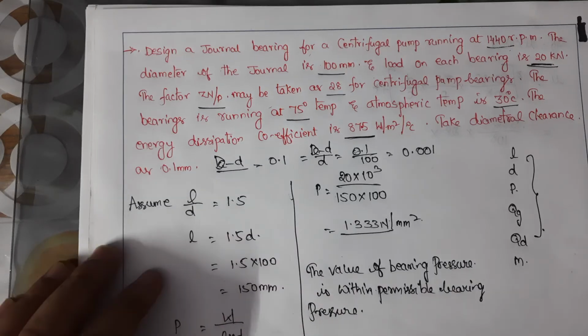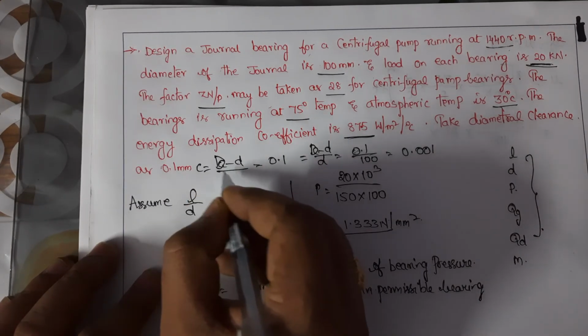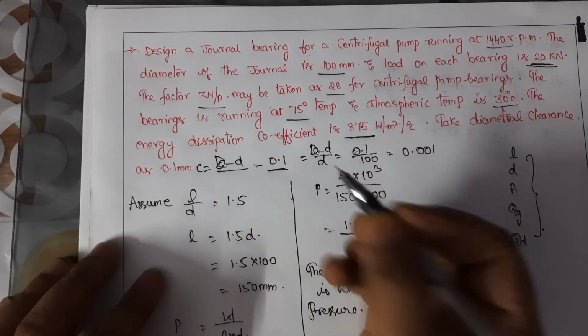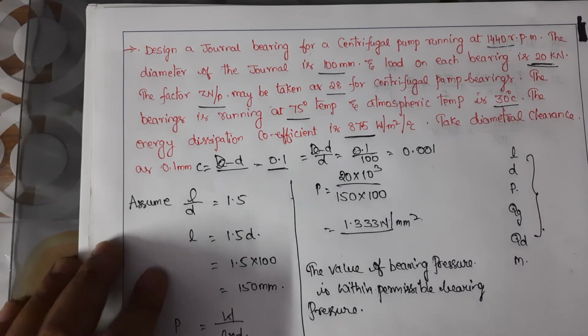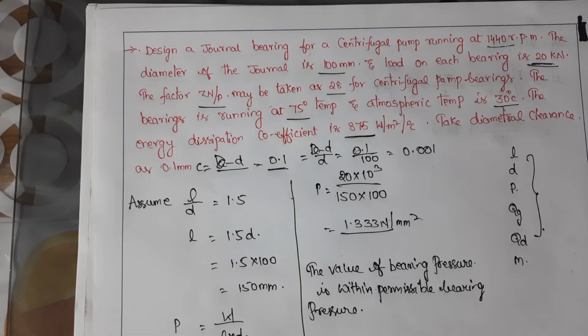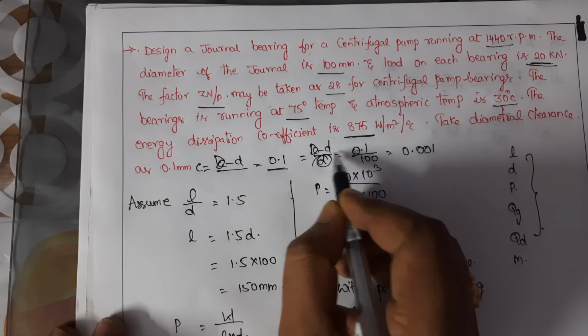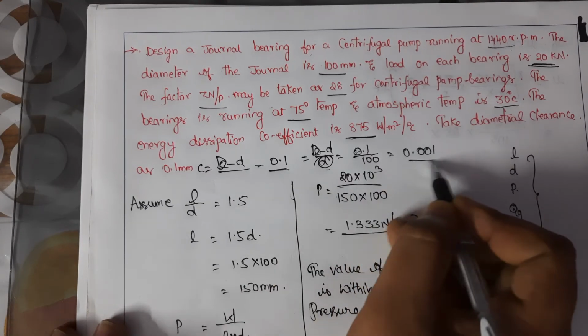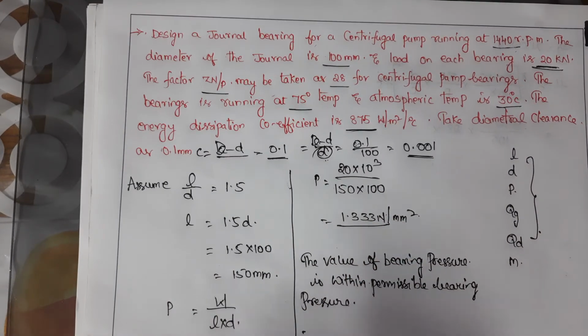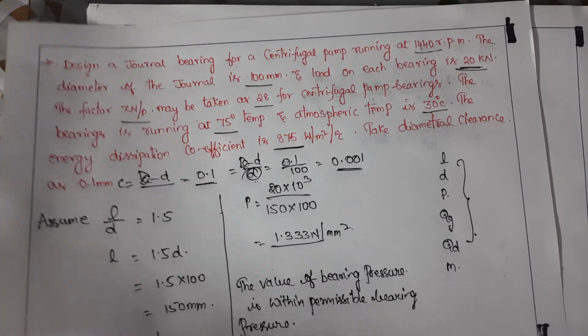C is equal to D minus d, that is 0.1 he has given. Now the diametral clearance ratio is nothing but the ratio of diametral clearance to the dia of journal, D minus d by d. So we got 0.001, and in the question he has mentioned 0.001.